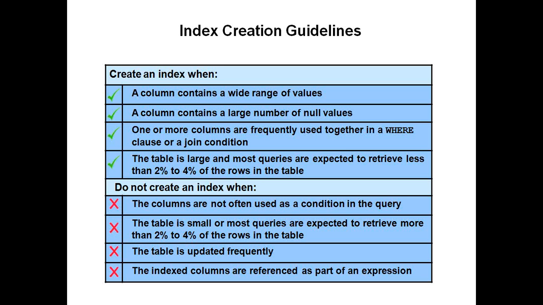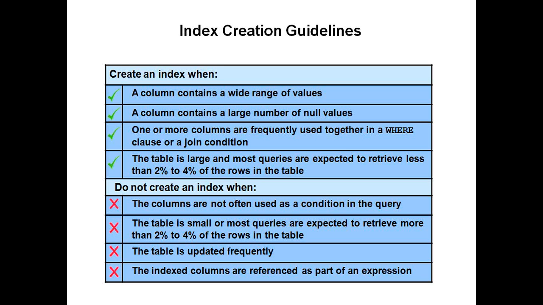So the next point is, again, you need to create an index on one or more columns which are frequently used together in a where condition or a join condition. This is a very important point. Once again, we will see this point in performance tuning, and we will discuss it more during that time.